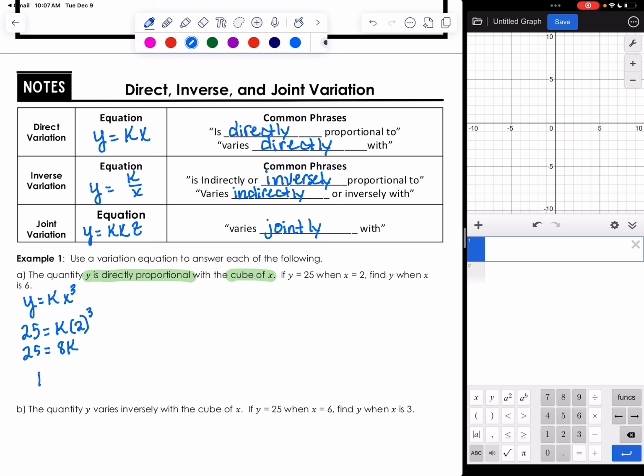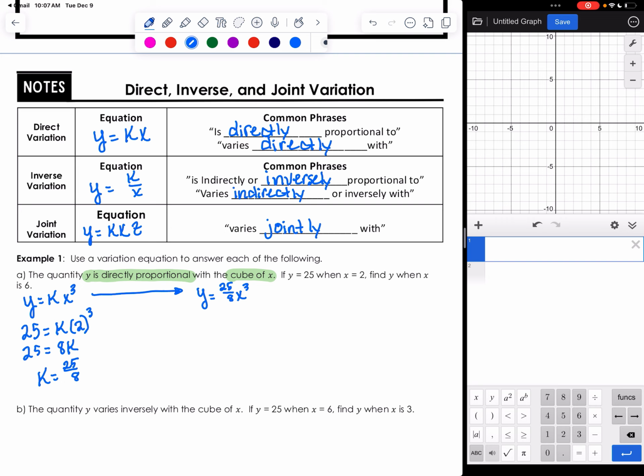So now we know the value of k to be 25/8. Now, once you know the value of k, you're just going to rewrite your formula. So y equals not kx cubed, but 25/8 x cubed.